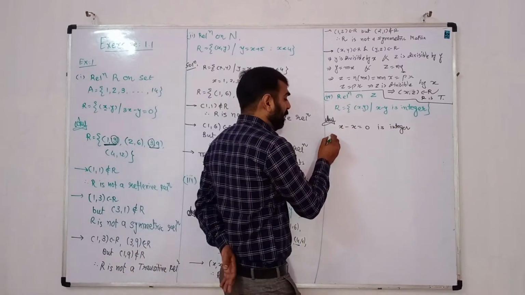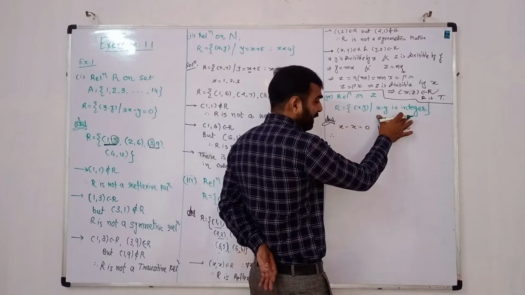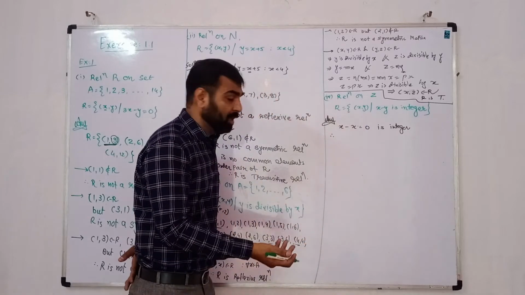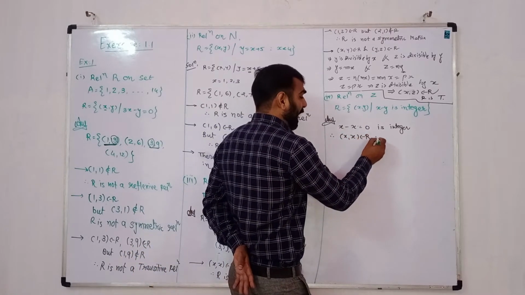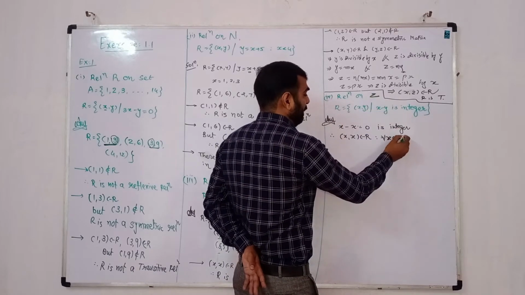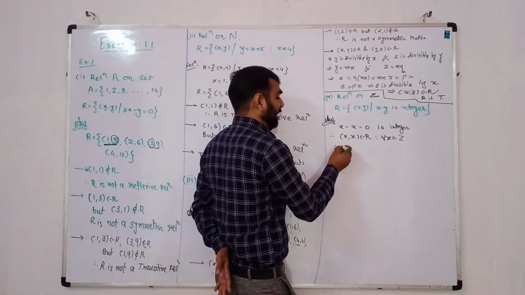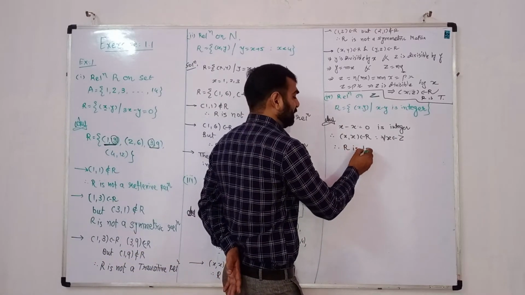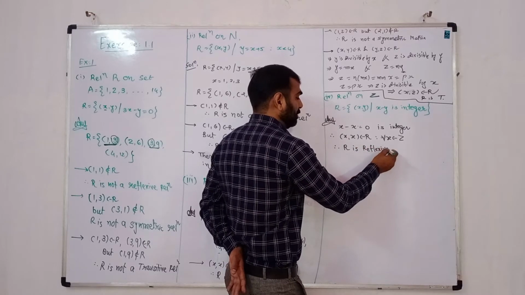So if we replace y by x, the relation is still satisfied. That means x belongs to R for every x belongs to Z, so we can say that R is a reflexive relation.